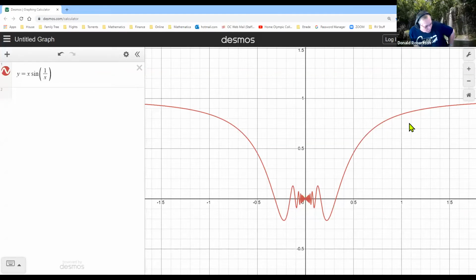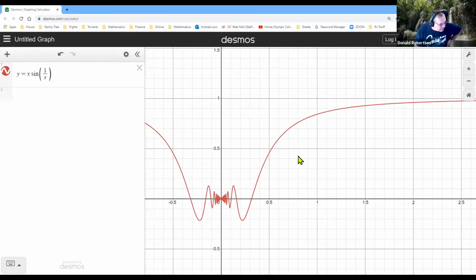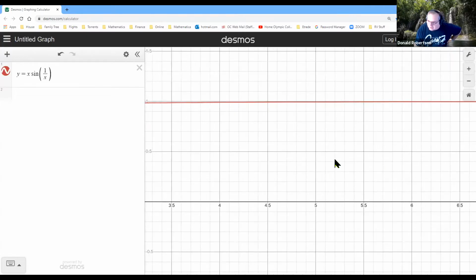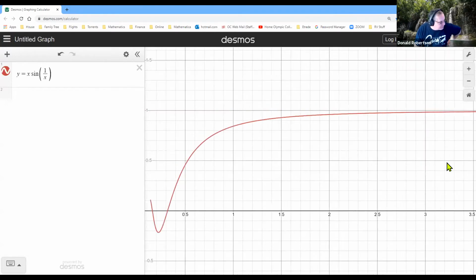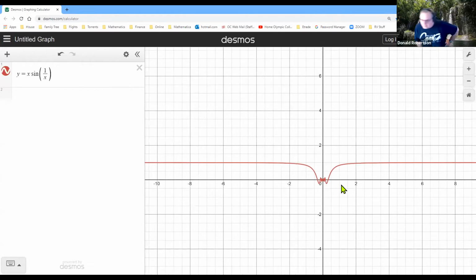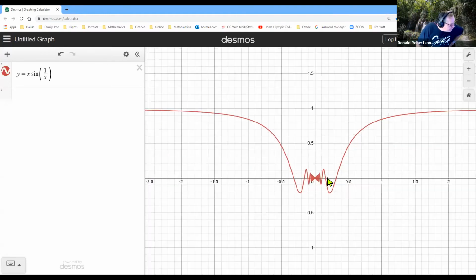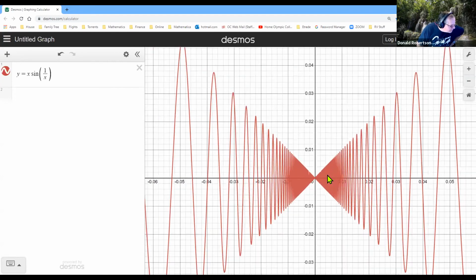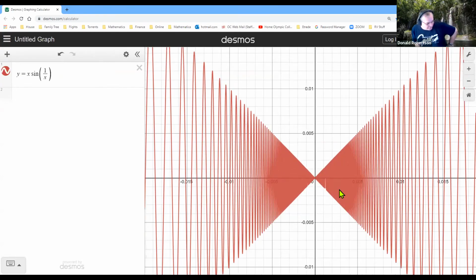Yep. Now, look at how weird this function is. Haven't we just proved that as x goes to infinity, it levels off at 1? Can you see it leveling off at 1 here? I'll bring it back. If I shrink it there. Is that not interesting that that function has that value? Now, if you zoom in and do an x tends to 0, can you see the limit as x tends to 0 of that is actually 0?